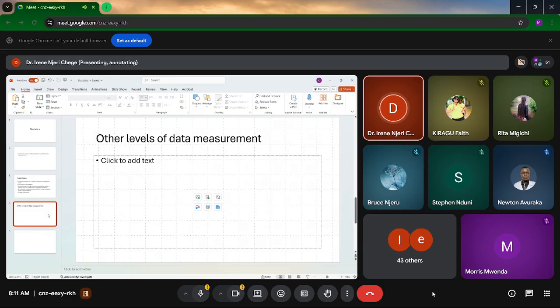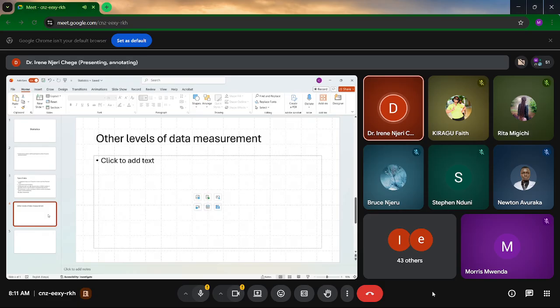It is the most basic. Did we not say that? It's used to label variables where there are no quantitative values. For example, gender, you're either male or you're female.